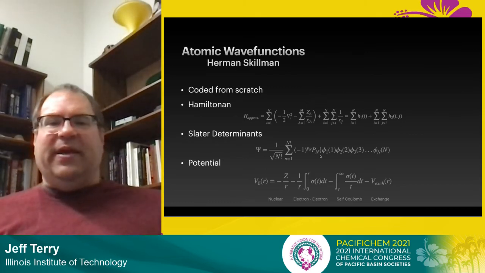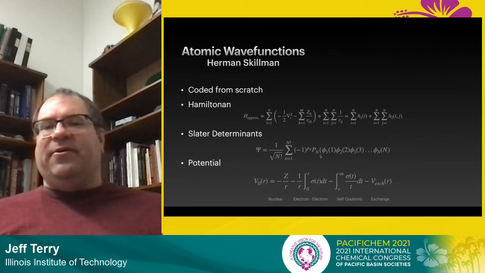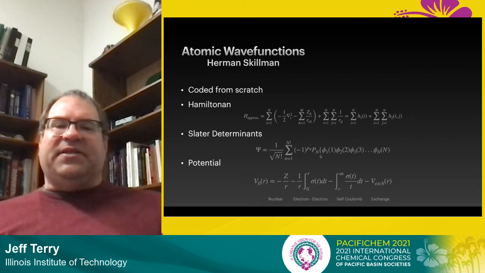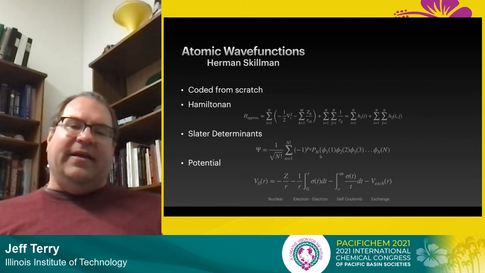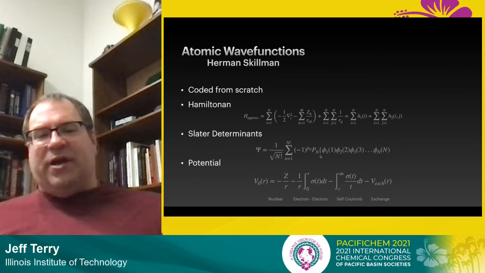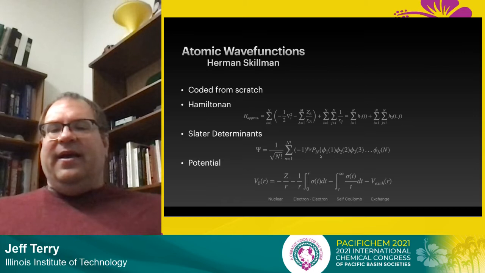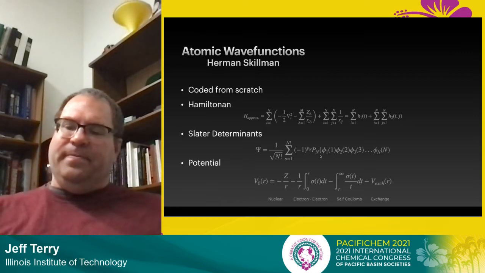The Hamiltonian has basically a 1 electron term and a 2 electron term. It makes use of Slater determinants. And the potential has the nuclear attraction, electron-electron attraction, a self-Coulomb term, and an exchange term.